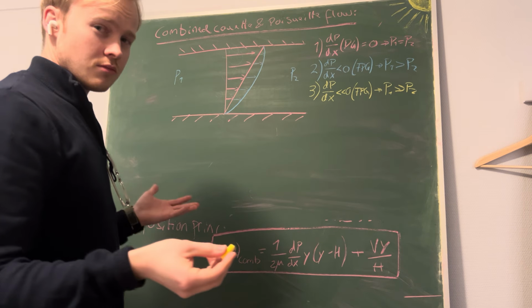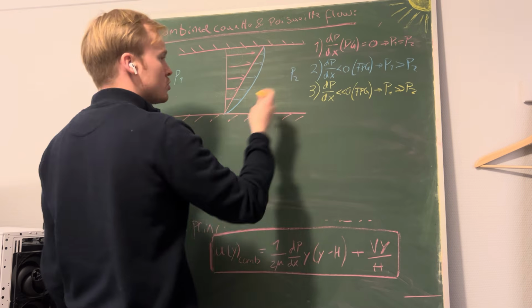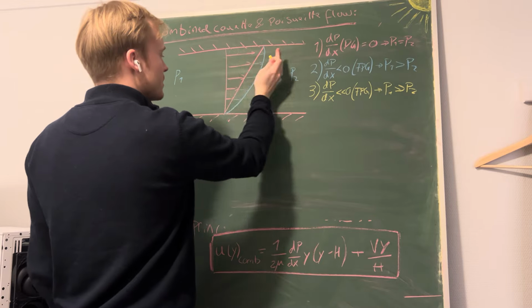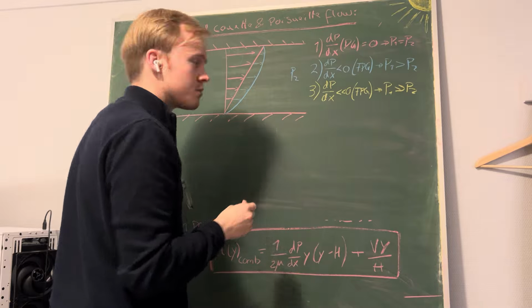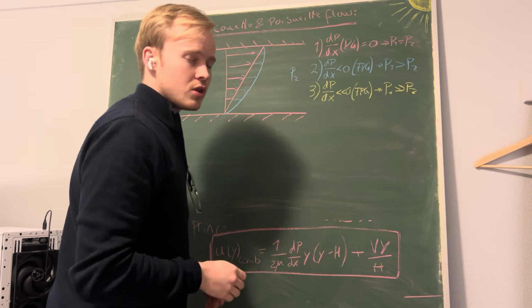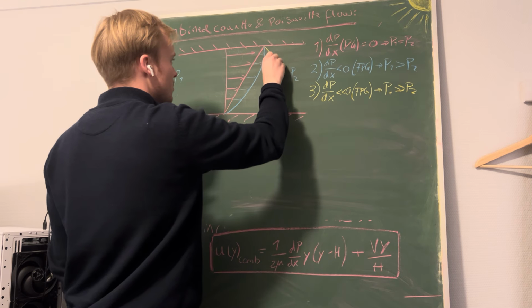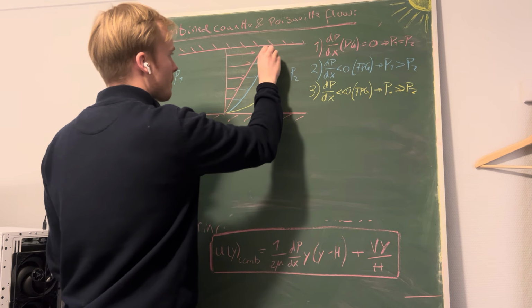Well, what happens? The thing is that we push more fluid through the pipe, so the velocity profile has to expand to the right because we're pushing more fluid, and you can say the average velocity increases. So then it has to go like this.